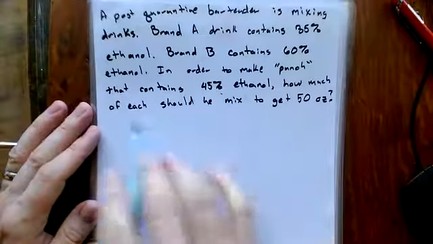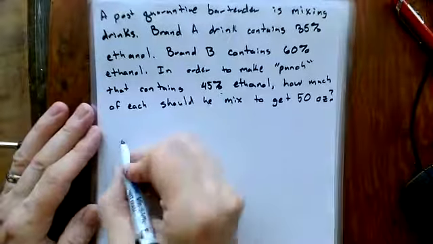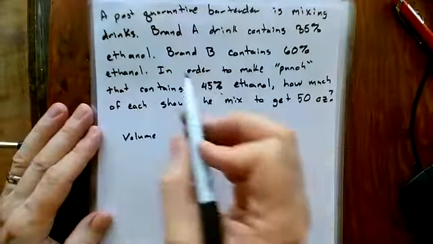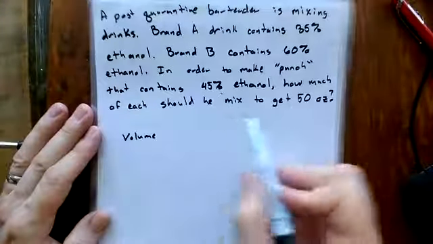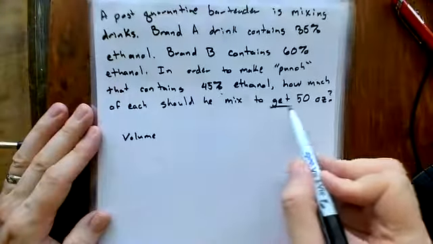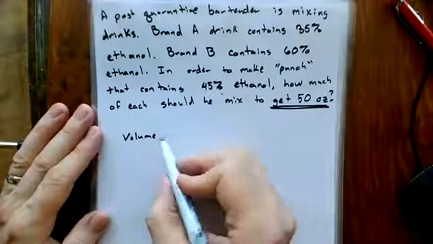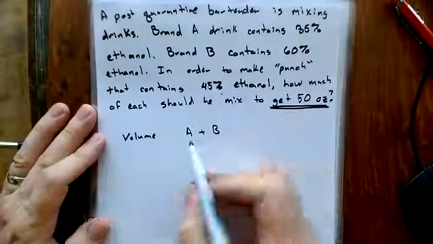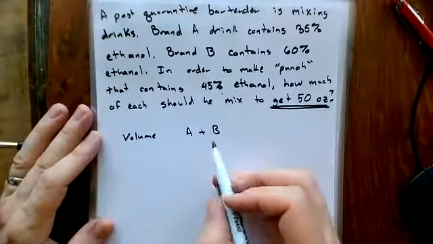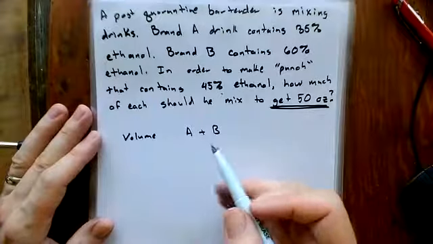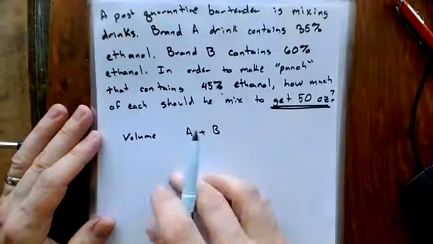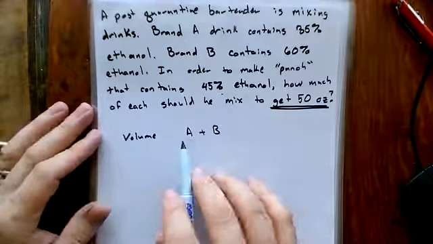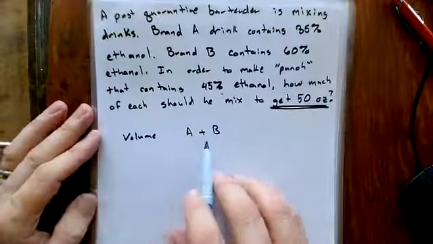So here, we're going to take a look first at our volume. And we know what our total volume should be that we want to get. We want to get 50 ounces. So when I mix brand A and brand B, we could even say, okay, we're mixing absinthe and bourbon or whatever. I'd say use variables that are meaningful to you.